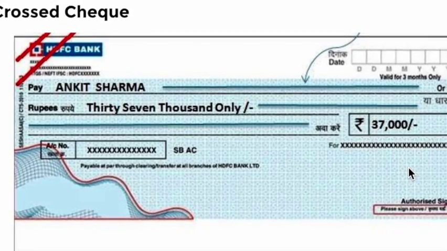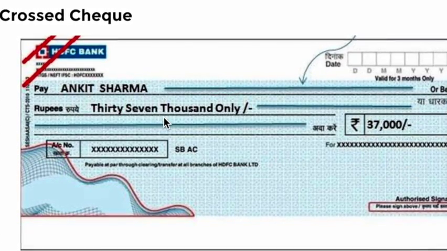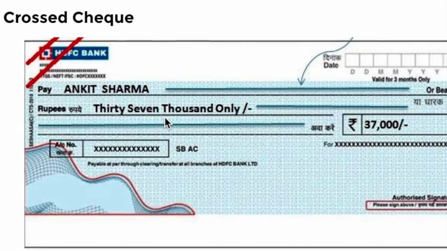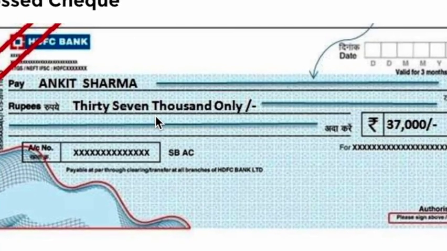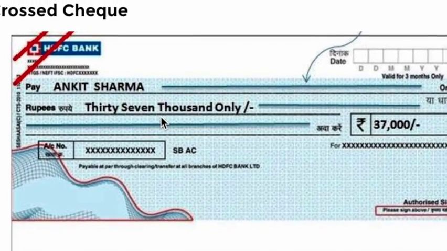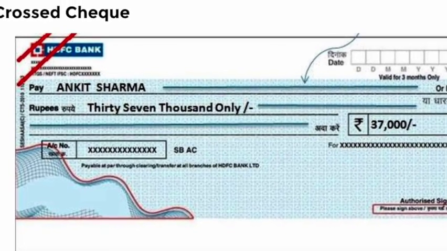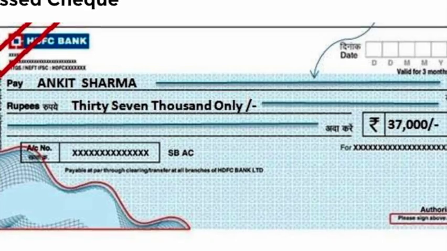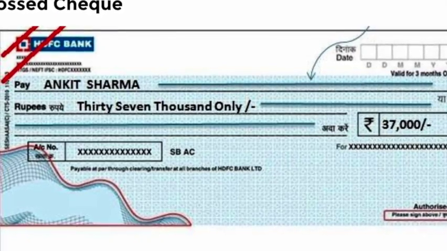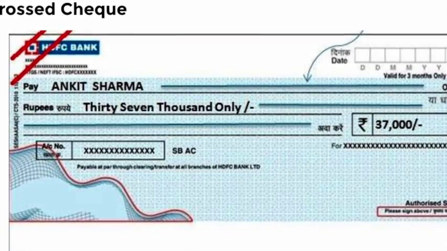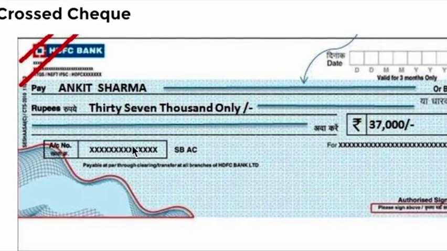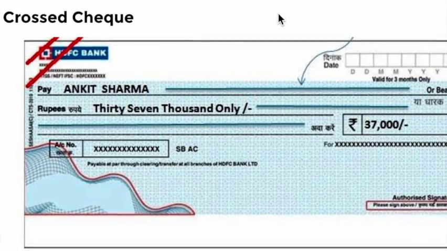Correct? So now Ankit Sharma will deposit this check into his account and the money will be transferred to his account. Now he can withdraw from his account. So a cross check is safer than the bearer check, because even if it is lost, no one can take the money. Only Ankit Sharma would be the receiver of this money.